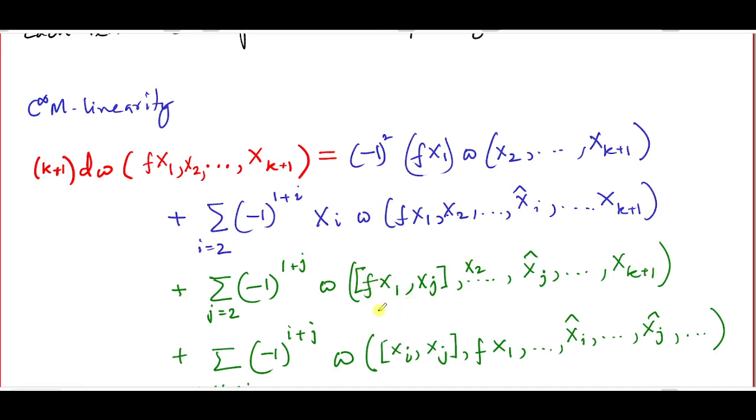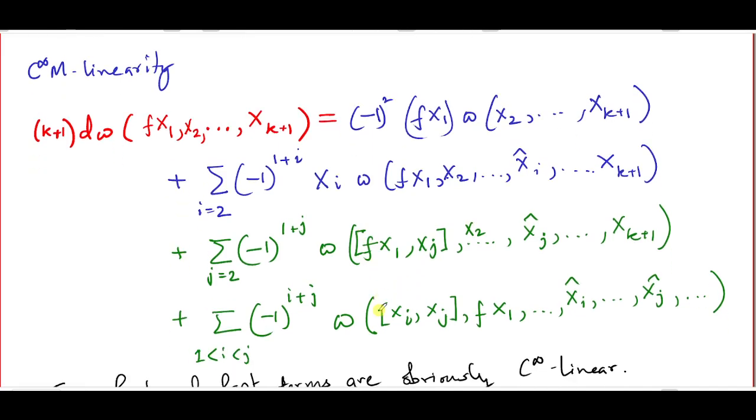And finally, you have one more term where i and j are both more than 1. Of course, j is more than i. And that means fx1 is the first argument after the Lie bracket in omega.